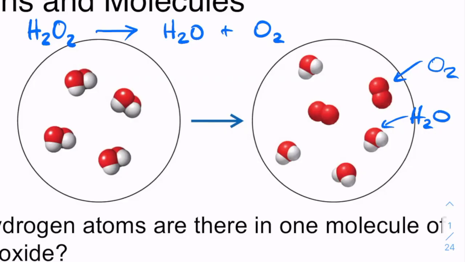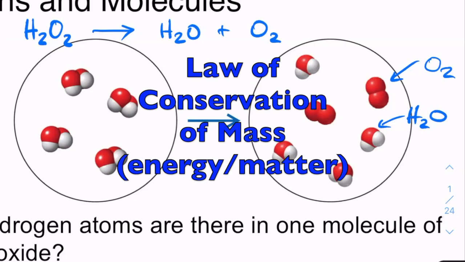Now, later on, we're going to learn about how to make sure that we obey the law of conservation of mass. Who knows what the law of conservation of mass is? Energy cannot be created or destroyed. Matter cannot be created or destroyed. That's essentially saying the same thing. If it can't be created or destroyed, that means you need to have the same number of atoms on the left-hand side of the equation as you have on the right-hand side of the equation.